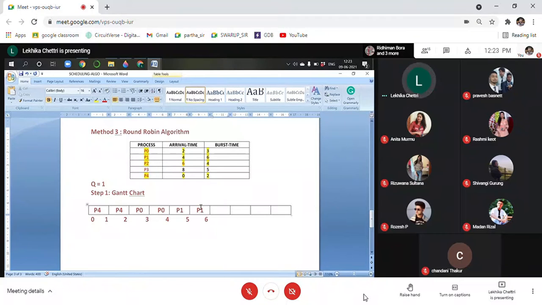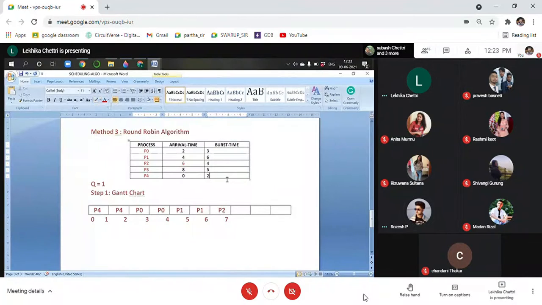Which one is it? P2. Very good. So P2 will come. It will be updated to 7. Now guys, can you proceed with the remaining Gantt chart this way? Or should I take one or two more examples?